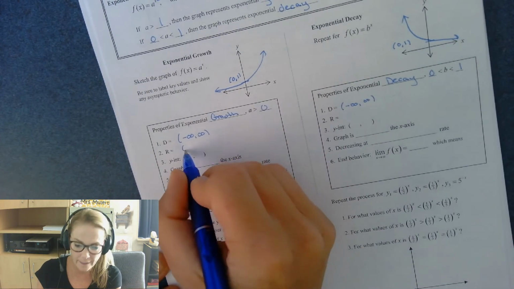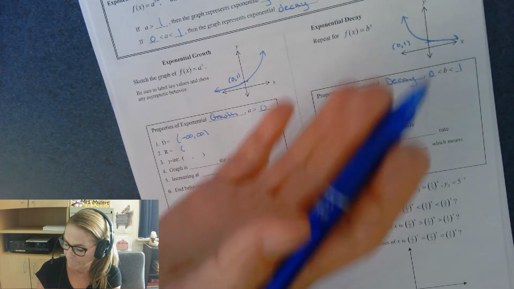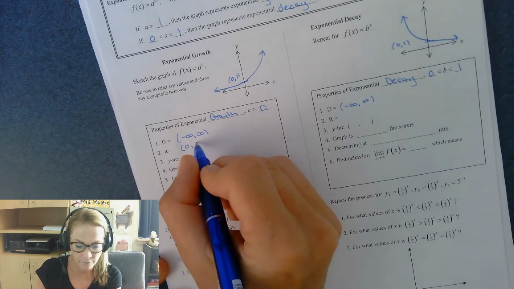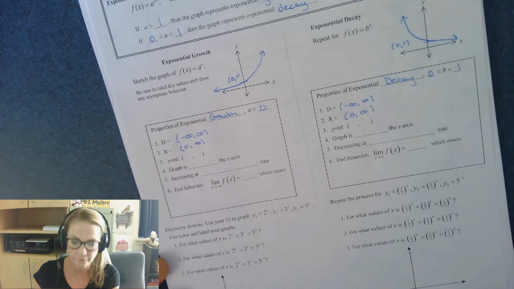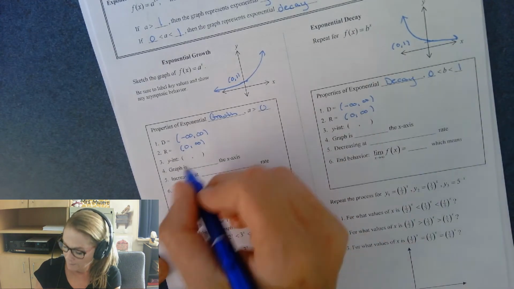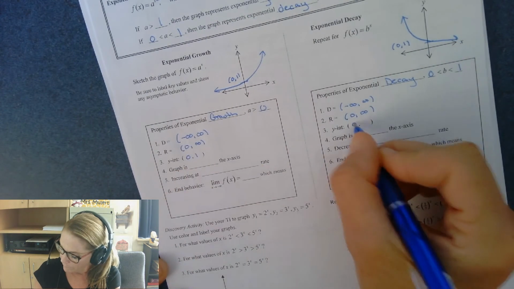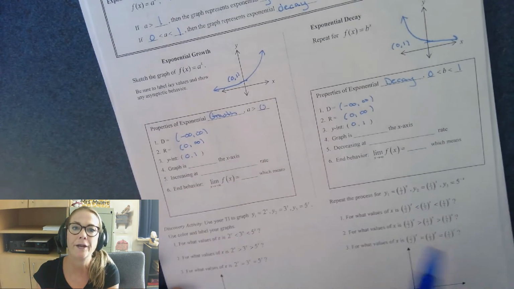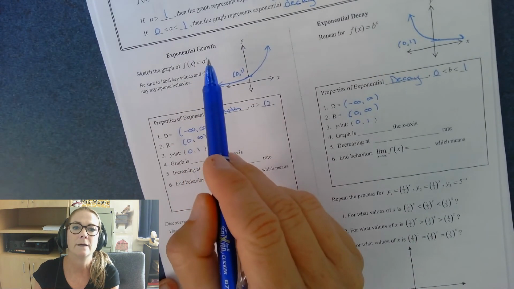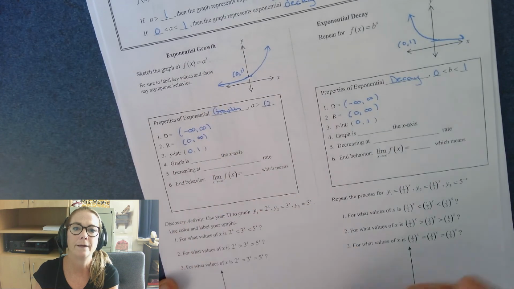The range is always going to be above the x-axis, so not including 0 and up. And this is, again, for the parent, not if it has shifted, so those are the same for both. The y-intercept is (0, 1) for both. Just think about it: anything to the 0 power is 1. So when I plug 0 in here, there's 1.